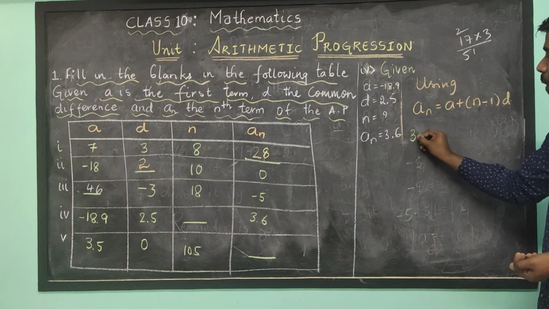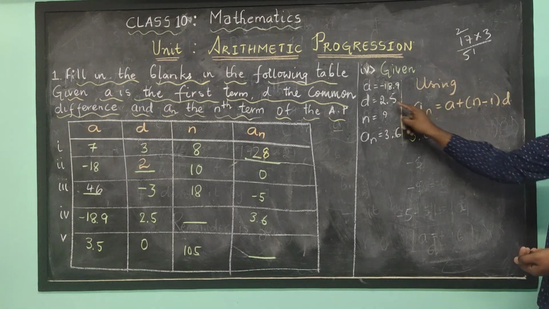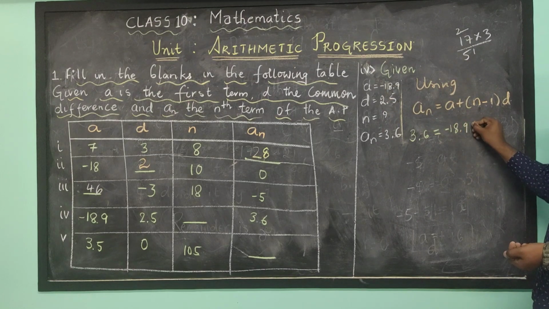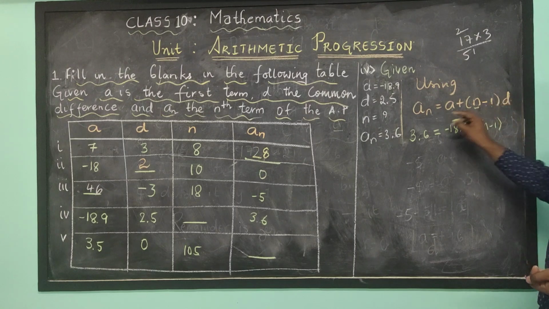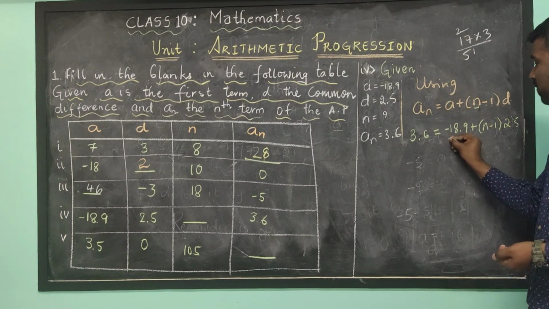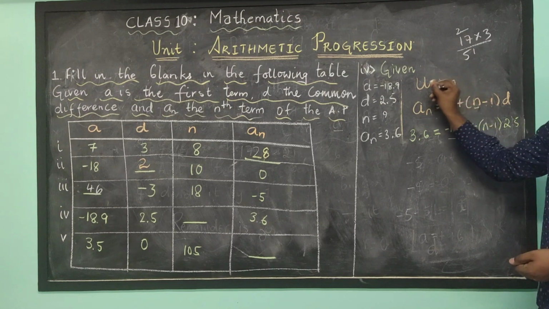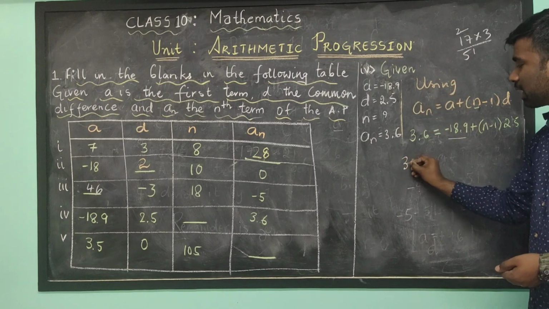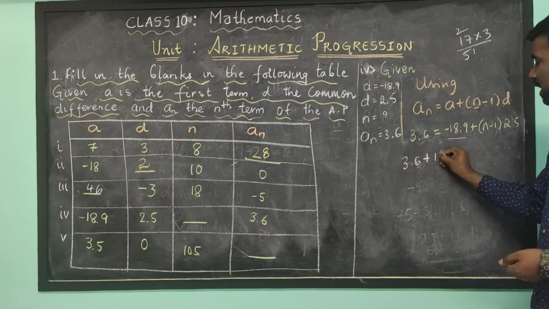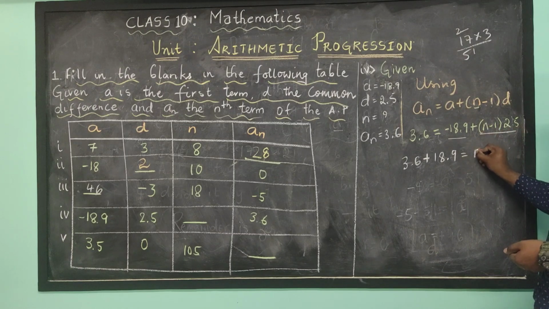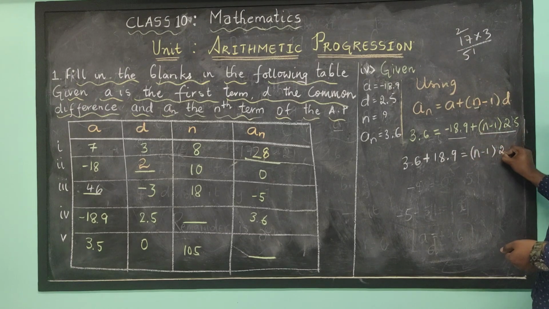It is 3.6, which is equal to a, that is minus 18.9, plus n we should find out, keep as it is, into d, that is 2.5. Now what will I do? I'll shift this minus 18.9 to RHS. Since it is negative, after shifting it becomes plus. 3.6 plus 18.9 is equal to the remaining term, n minus 1 into 2.5.